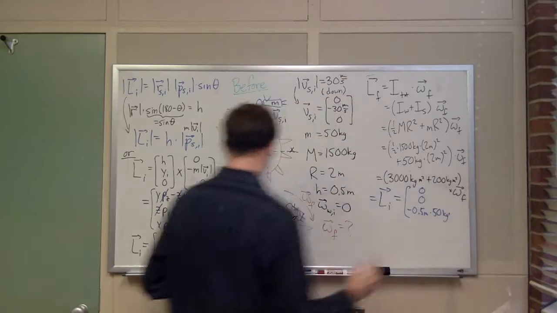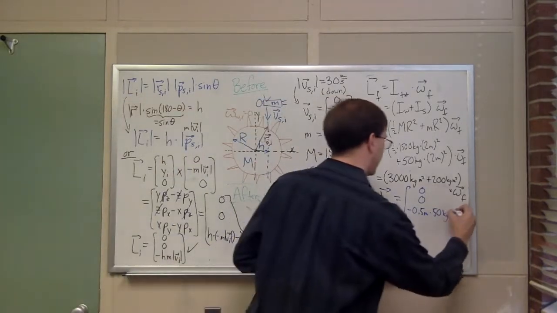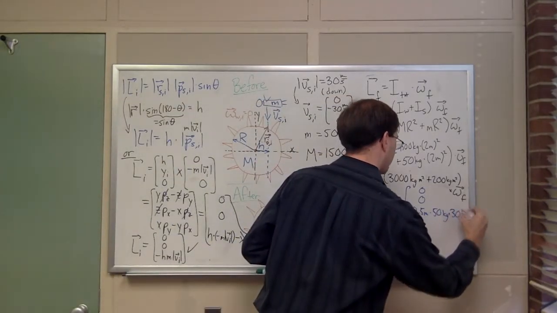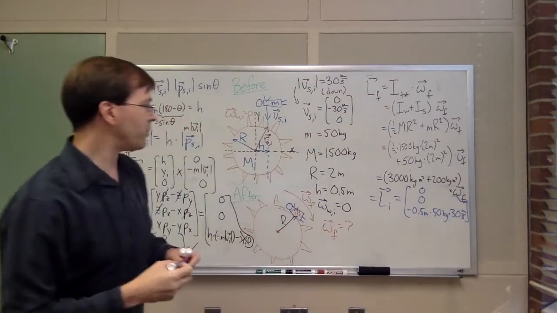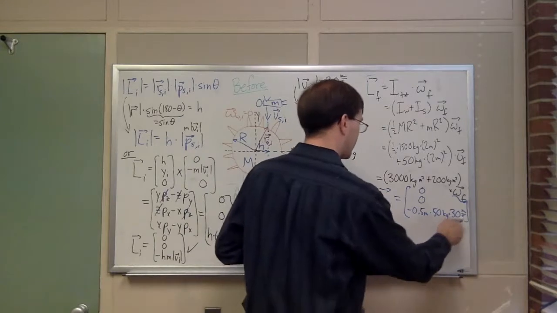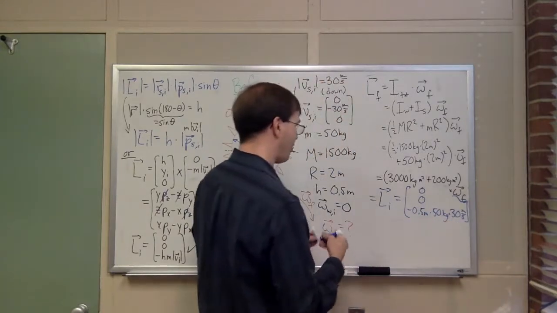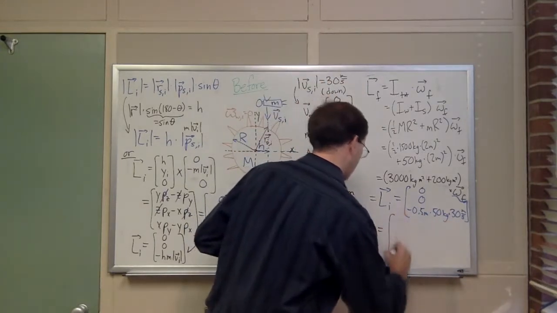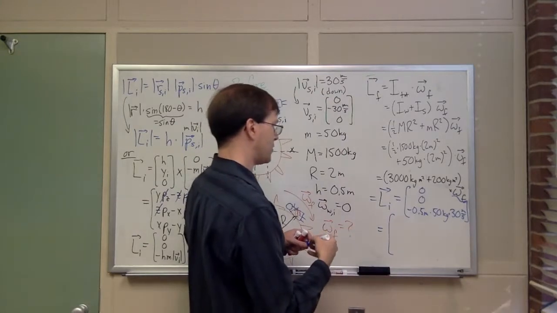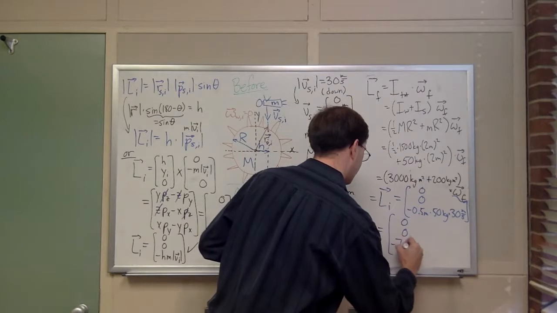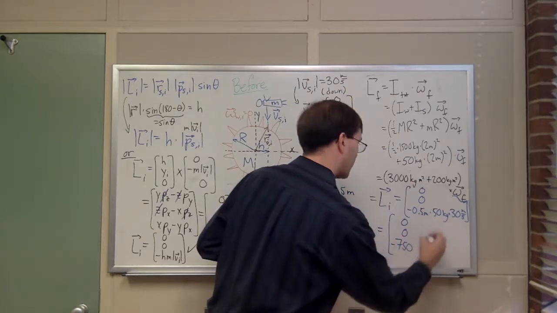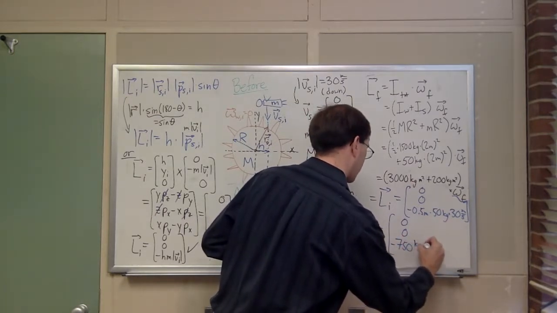I probably could have done some of this symbolically. And his initial speed was 30 meters per second. Multiplying that together, 50 times 30 times a half comes out to be 750. So 0, 0, minus 750 kilogram meter squared per second.